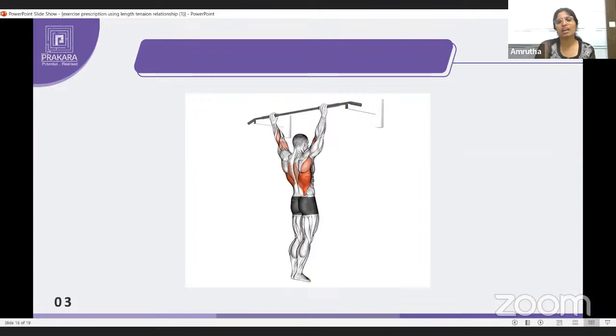So if you are having any complaints like, ma'am, I'm having neck pain today, I don't want to do any particular exercise, go sit in a wall sit position and that is done. Your hamstrings, quads, adductors, abductors, even your glutes get activated there. So this is how exercise prescription is done using length tension relationship.